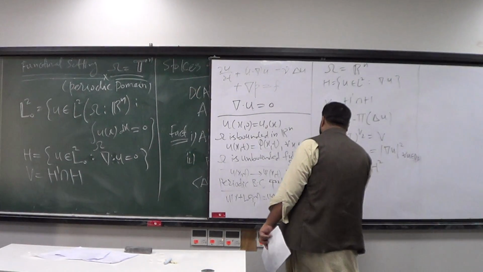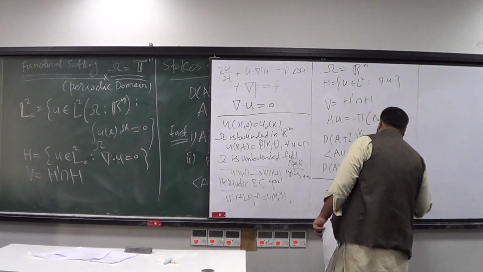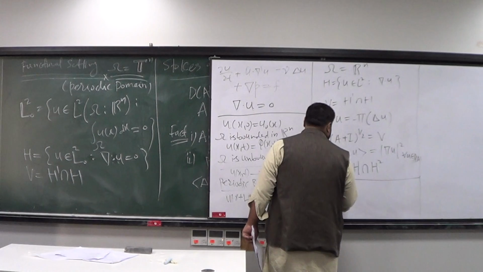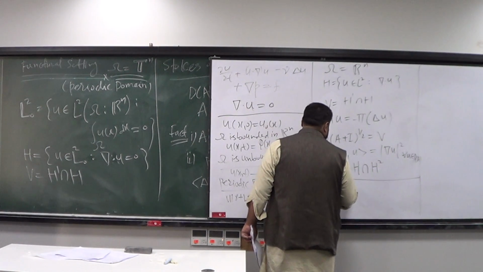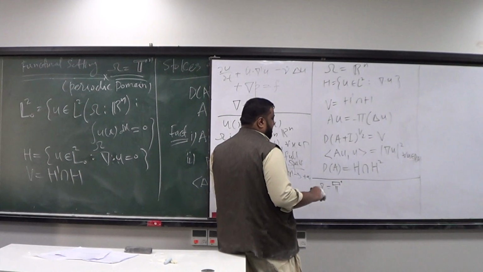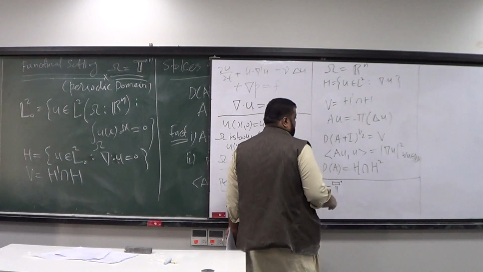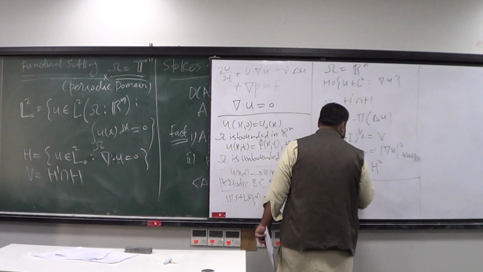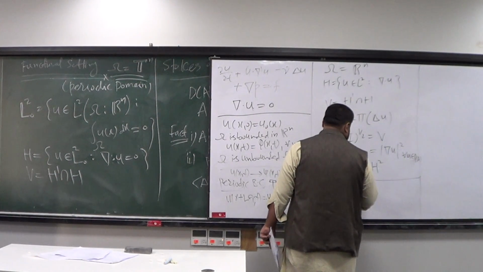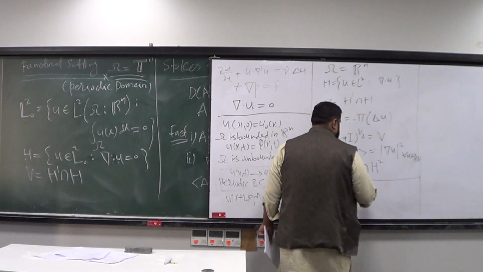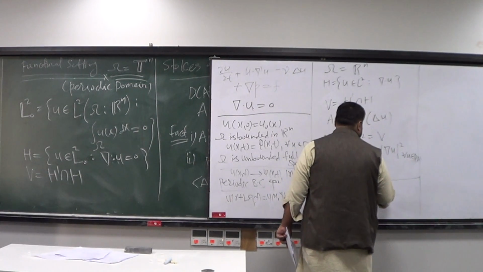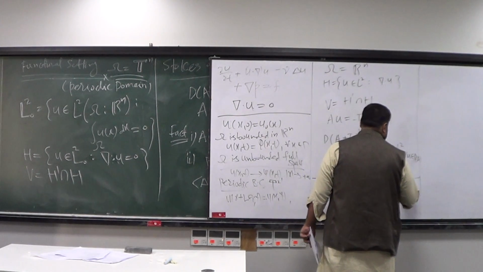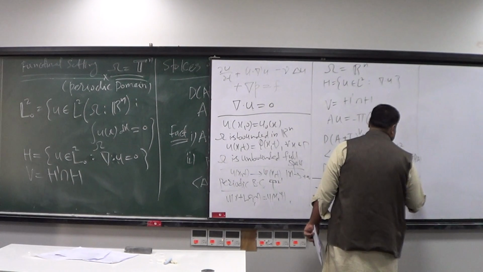Let me quickly write these things here. If omega is the torus, where n could be 2 or 3, then what are the key things? We need to remember L2 naught, which is the collection of functions from L2 such that the integral of u(x) dx over the entire domain is 0.